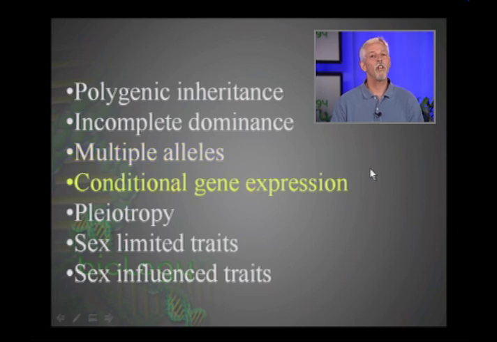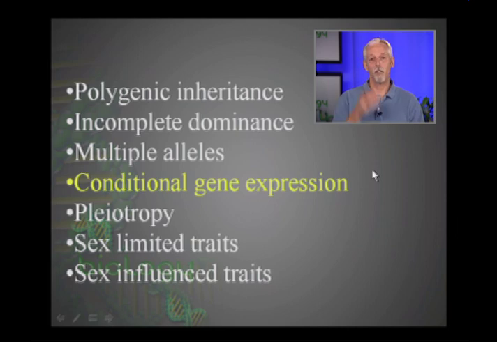What's known as conditional gene expression can also affect the phenotypes that you see. For example, in Siamese cats, in their fur color, there's a gene that's affected by temperature. That gene will be producing a brown pigment at a higher temperature, and the protein changes shape at lower temperatures and looks black.